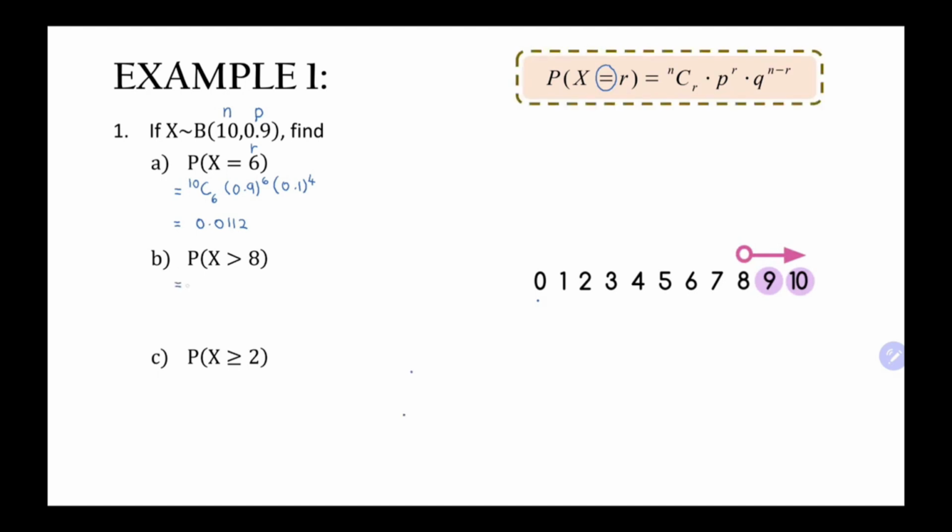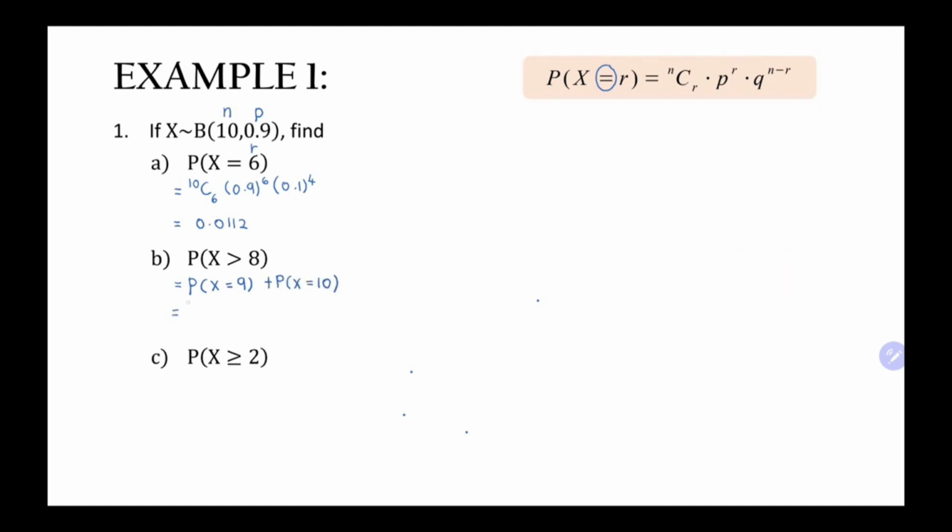So greater than 8 means P(X = 9) plus P(X = 10). Then we calculate one by one. For 9 first, so 10C9, 0.9 power of r, our r is 9, and q is 0.1, power n minus r, so 10 minus 9, we get 1.